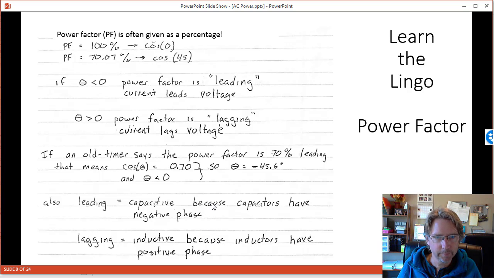So you might hear 70% leading, 70% capacitive, 70% lagging, or 70% inductive when you're talking with people that hang around power plants or deal with this kind of thing a lot. So keep track of all that, or write it down on your sheet of notes. It gets very confusing, and we're just talking about the sign of the phase angle.